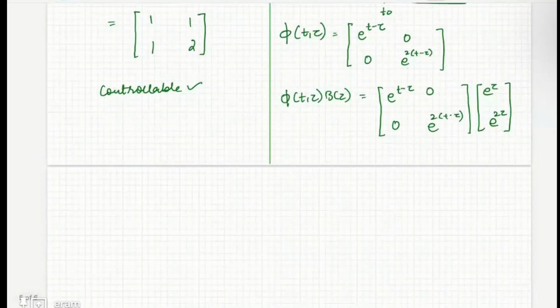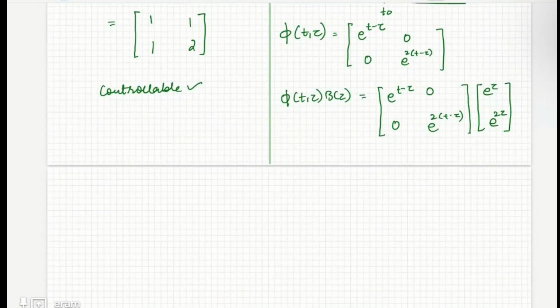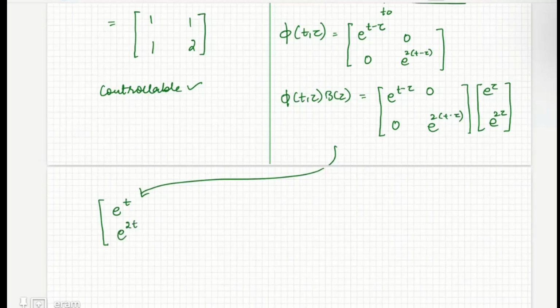Now since we have this, when we multiply, we will get this multiplication as e to the power t and e to the power 2t. You can easily calculate this.